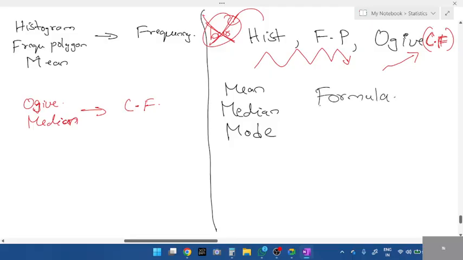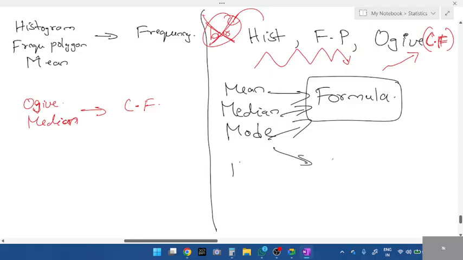Graph is not required, formula based. We use all three formulas. The third type of question is histogram, frequency polygon, ogive graph, along with mean, median, and mode. So one is formula based, one more is graph based. According to the graph, you need to solve. This is the entire statistics concept.